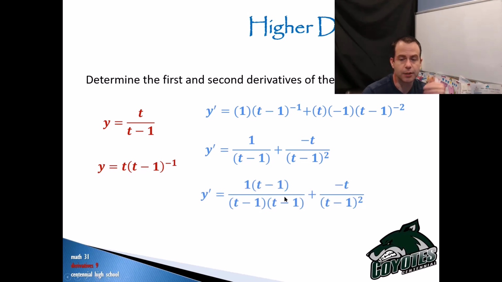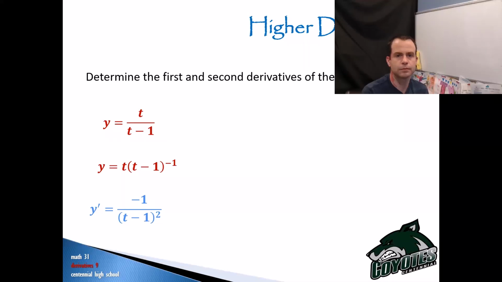That gets me my common denominator of t minus 1 squared. On the top, I end up with t minus 1 minus t. So that's actually just going to be a negative 1. Okay? All right, so there's the first derivative.